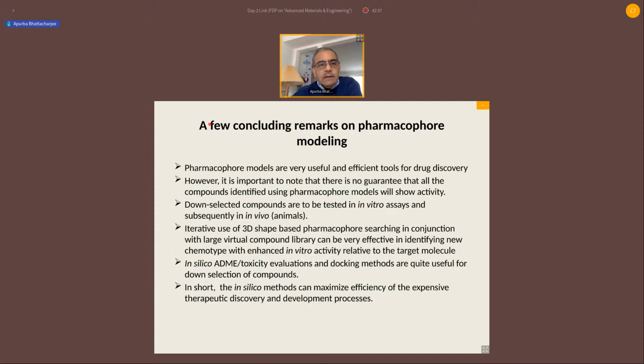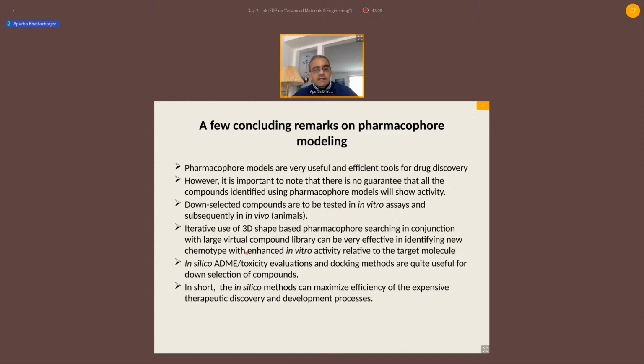These are a few concluding remarks I would like to make. Pharmacophore models are very useful and efficient. It is important to note that there is no guarantee that the compounds identified by pharmacophore will show activity unless we test them. So, down-select the compounds for in vitro studies first, and then go for the in vivo studies if the in vitro assays show promise.